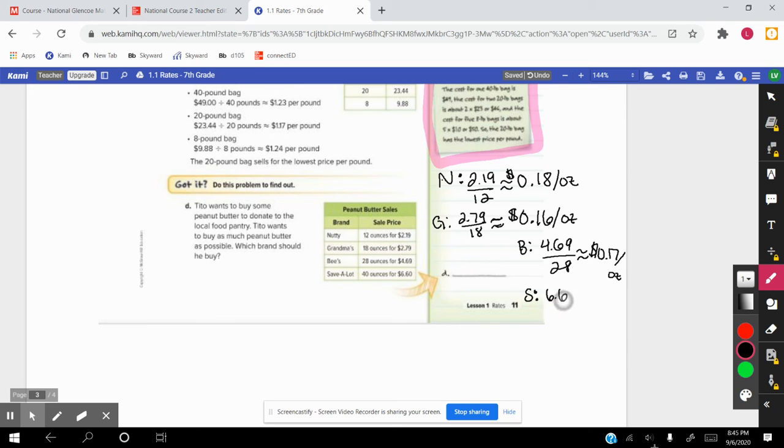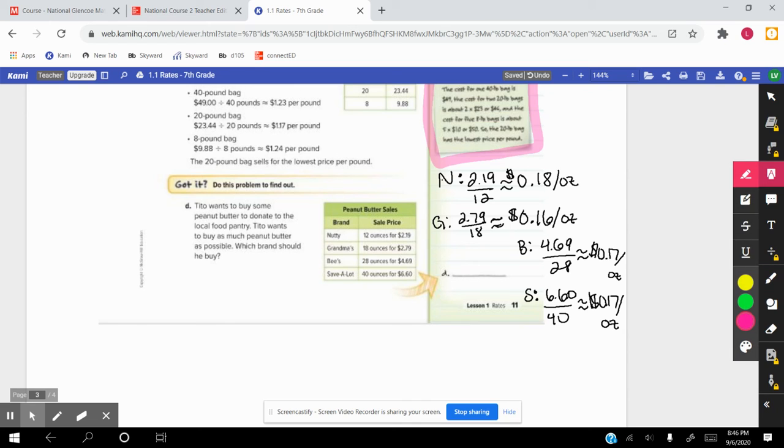That is $6.60 for 40 ounces. So 1 ounce is approximately 17 cents per ounce. So when I break it down like this, the cheapest one is going to be Grandma's, because it's at 16 cents per ounce. So if Tito wants to buy the most, he should buy Grandma's.